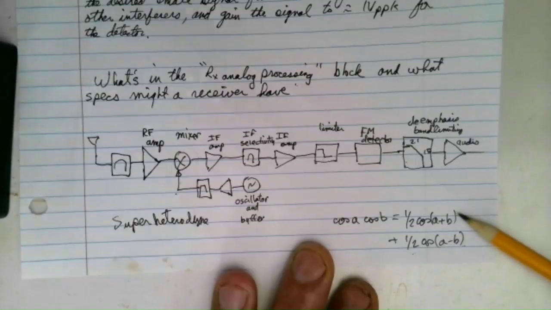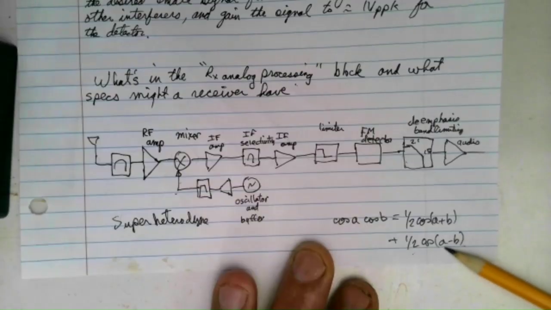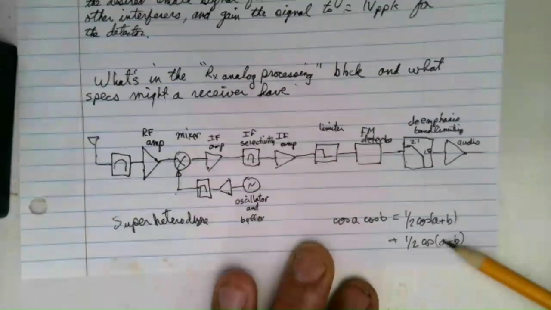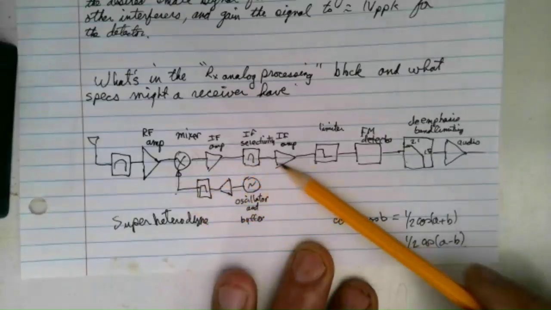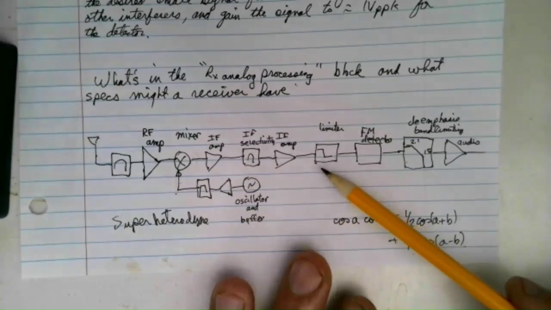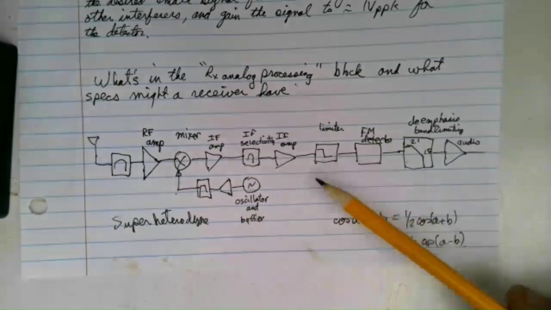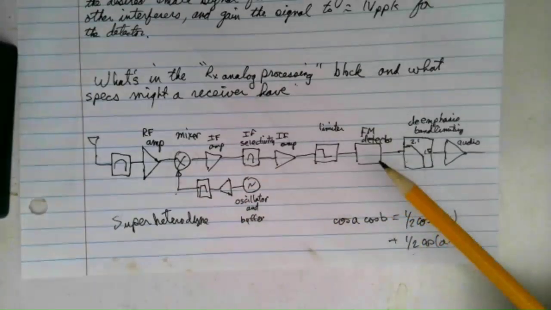And so the sum frequency gets filtered off. The sum frequency is up to 200 and some megahertz. The difference frequency is your 10.7, and that's what propagates through the IF to the FM detector.